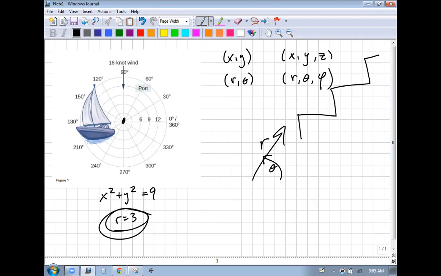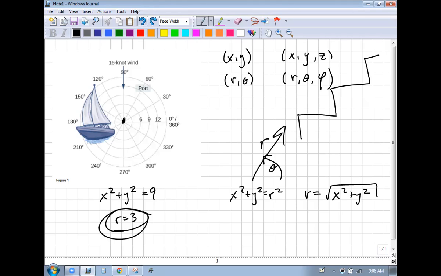One thing we want to be able to do is switch between the two. And in this class, if you don't know where to start, you basically always start off with the Pythagorean theorem. That automatically tells us r is the square root of x squared plus y squared. So if we know x and y, we can definitely get r. And what are the next three things we learned in this class as far as trig?